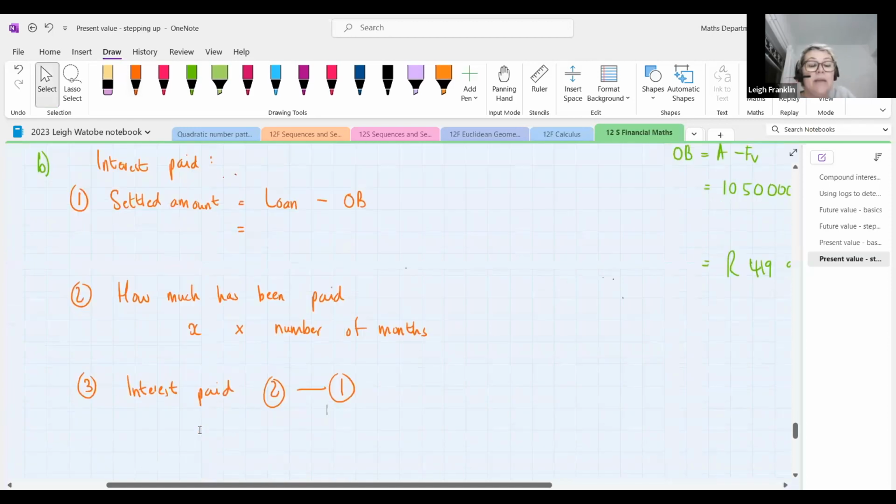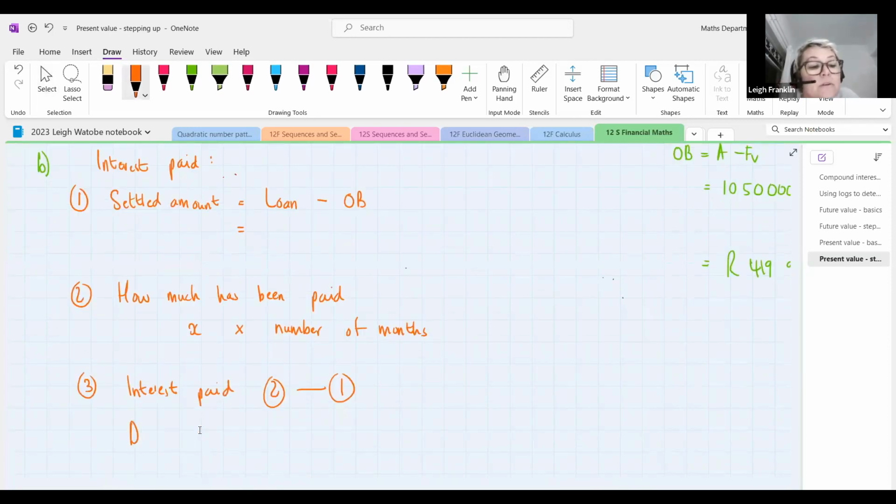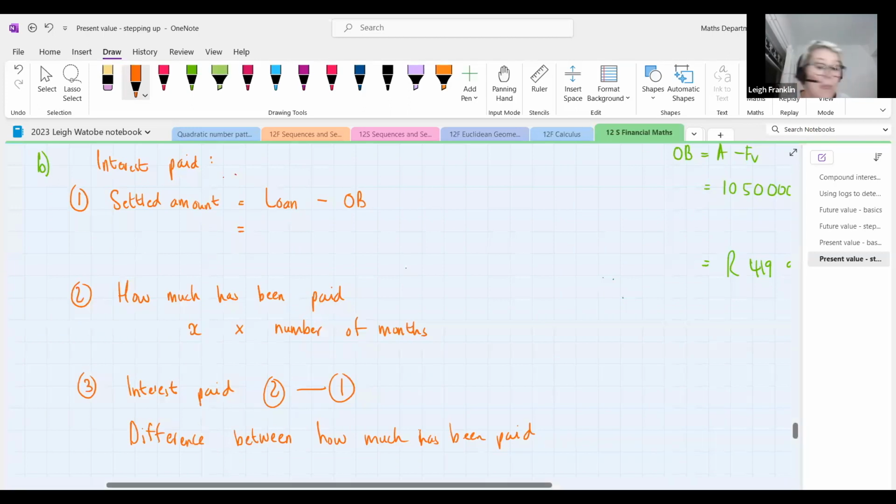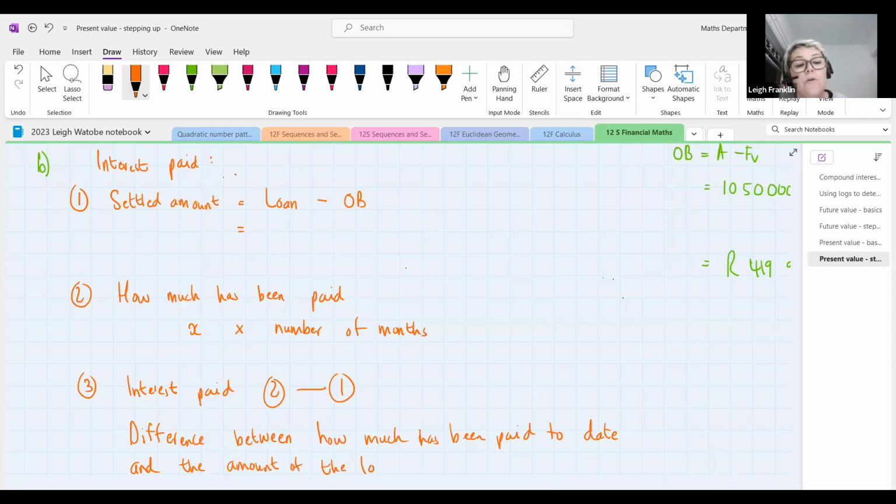So the interest paid is the difference between how much has been paid to date and the amount of the loan that has been settled.